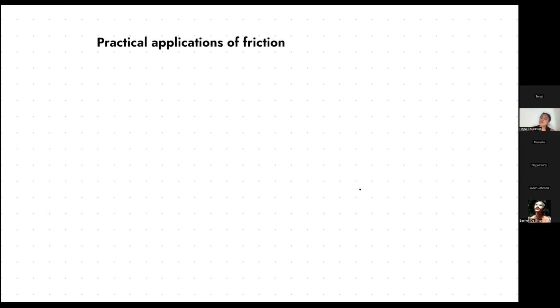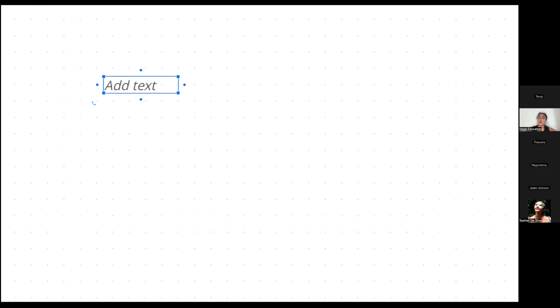How can we make a surface smooth? How to make a surface smooth? All right, polishing.